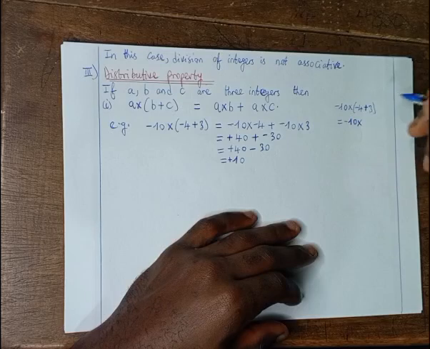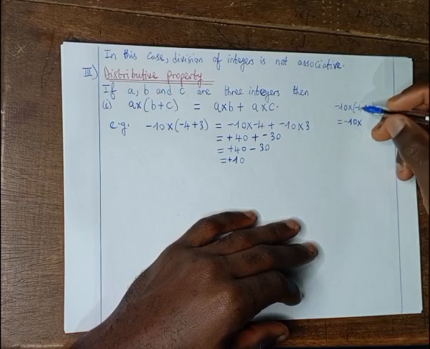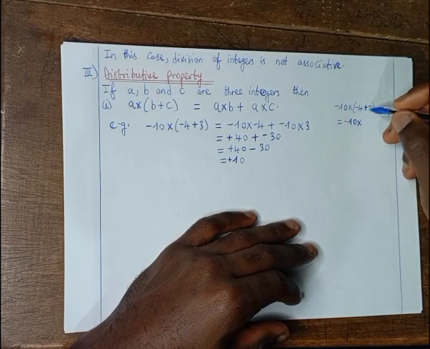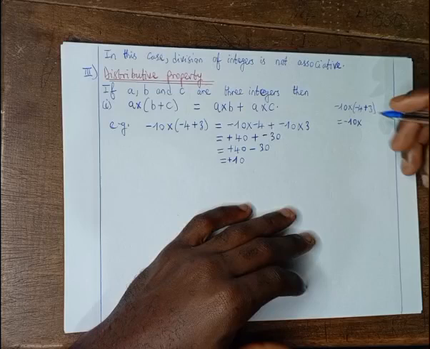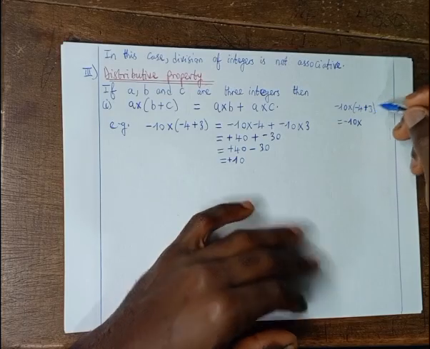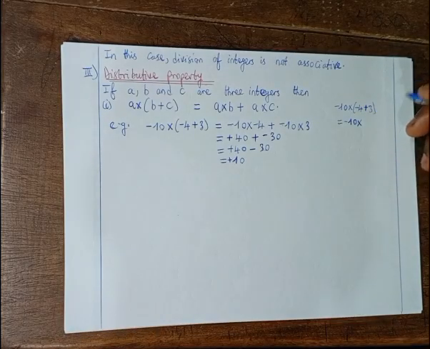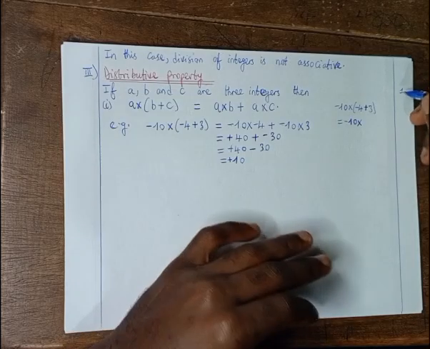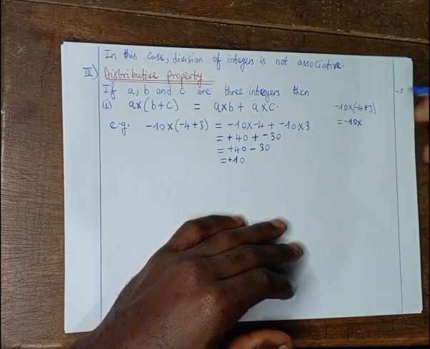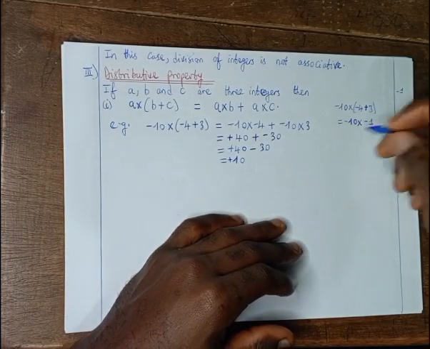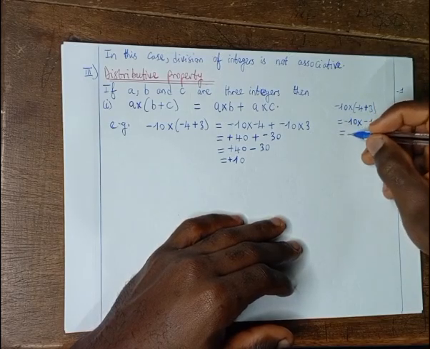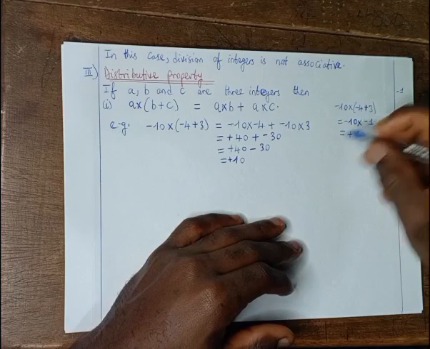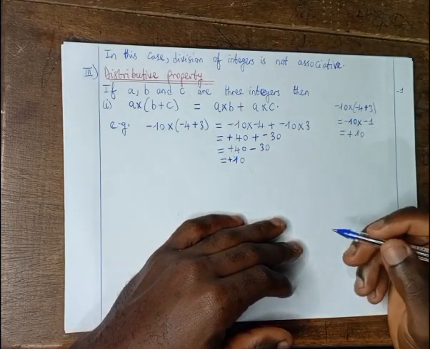Here we are adding two numbers with different signs, so we are going to subtract the smaller number from the bigger number, and the result will take the sign of the larger number in terms of magnitude. So this will give us 4. If you take 4 minus 3, we are going to obtain 1. Then we attach the negative sign to 1. So the result will be negative 1 here. If we take negative 10 times negative 1, we are multiplying two negative numbers. The result will be positive. You see that the results are the same.